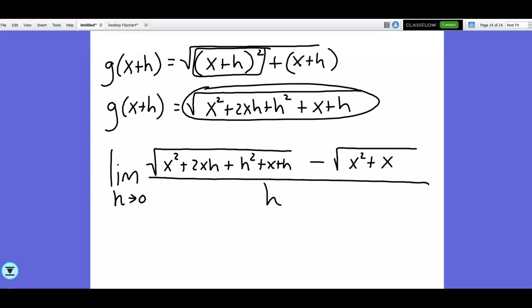So I'm going to multiply the top and the bottom by the conjugates. Don't really have a lot of room here, but we'll just pretend like all those are there.